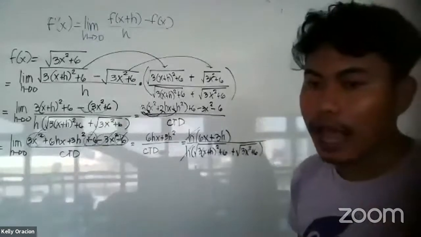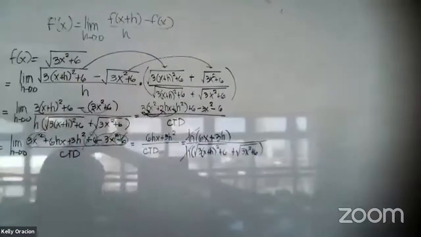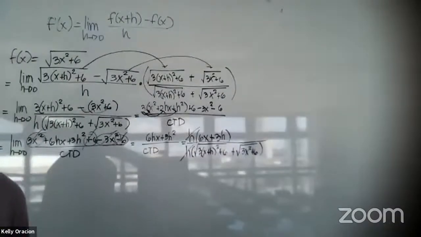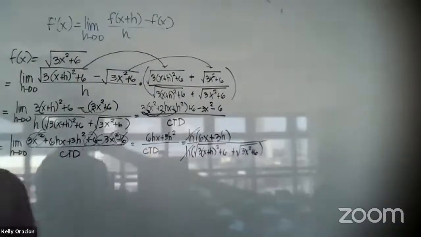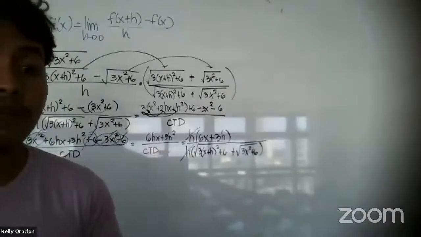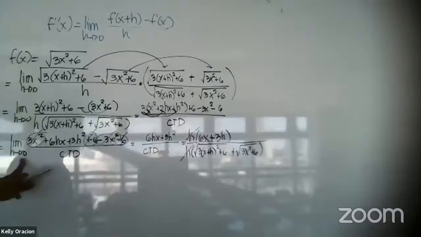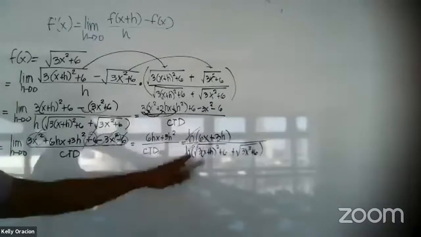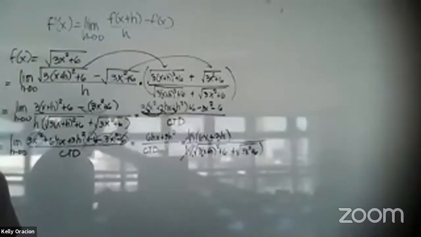And just like what I told you last time, once ma-cancel na yung h ninyo, that's the time you can substitute now the value of our h, which is 0. Okay?